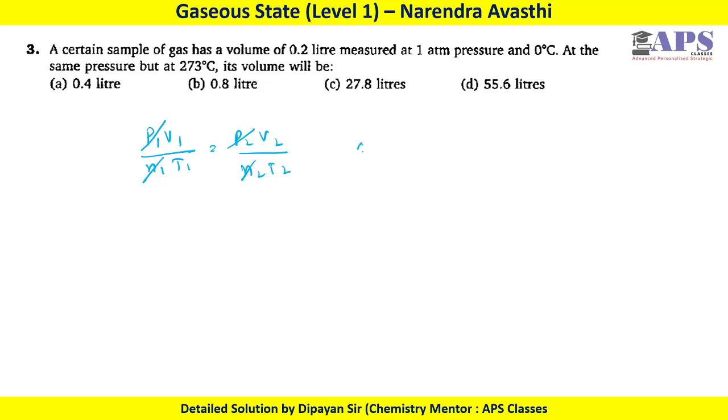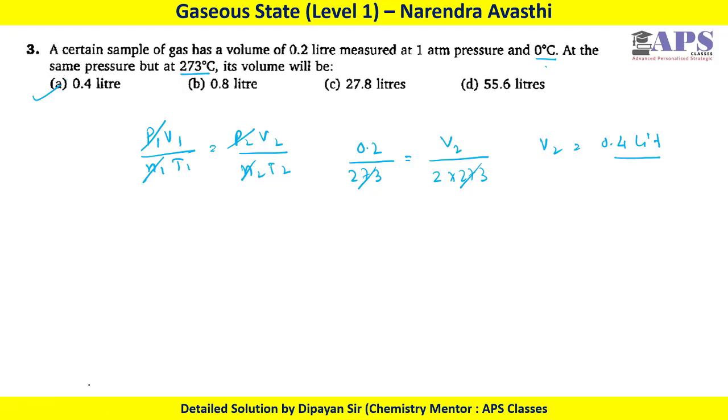So initial volume is 0.2 liters divided by temperature 0 degree centigrade, that is 273 Kelvin, equal to the final volume V2 that we have to calculate, divided by temperature 2 into 273 Kelvin, because 273 degree centigrade converted to Kelvin becomes 2 into 273, so the 273 will cancel each other. So V2 is nothing but 0.4 liter, so option A will be the correct option.